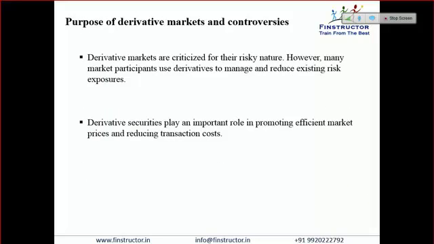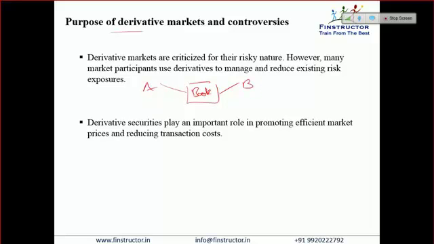Now, what is the purpose of derivative markets? Why do these contracts exist? Many market participants use derivatives to manage and reduce existing exposures. In the example of the book that we did, why did the two counterparties enter into the contract?